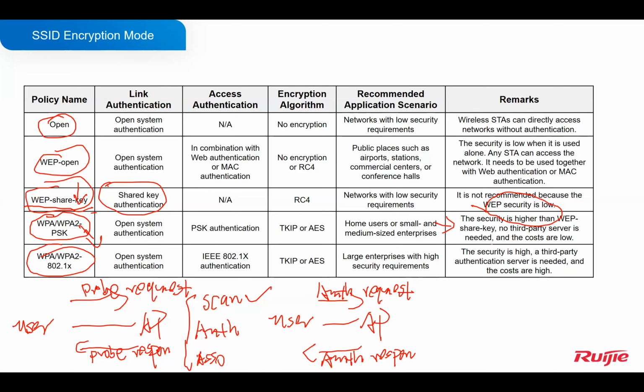So we suggest you use this way for the encryption mode. And the last one is WPA or WPA2 802.1x. For this option, we have to set up a third-party authentication server, so it will cost our customers some money.